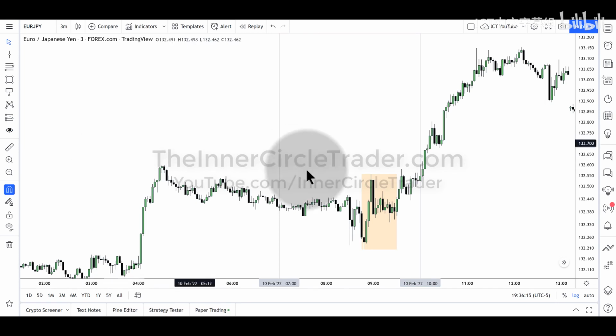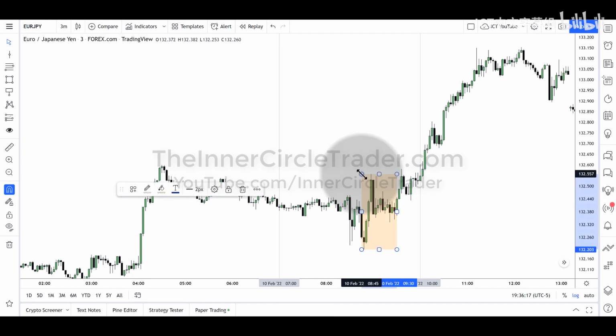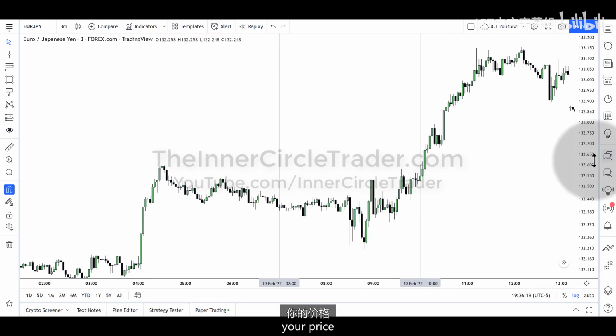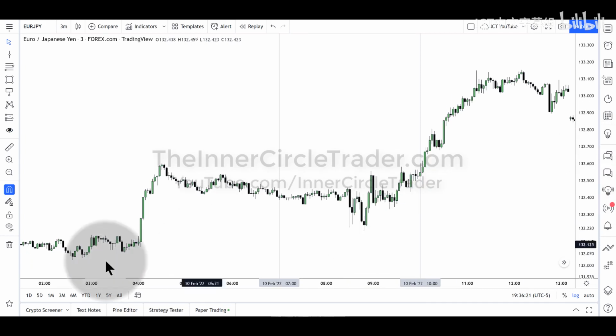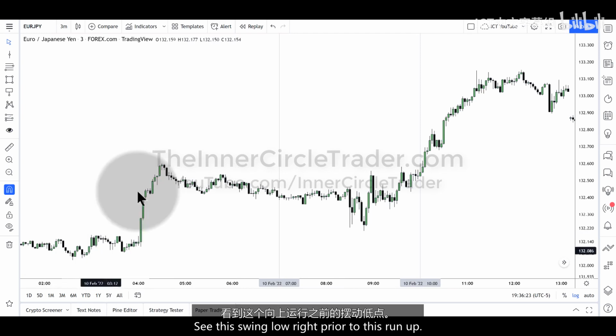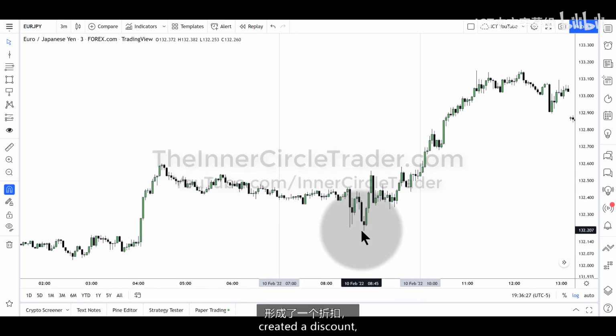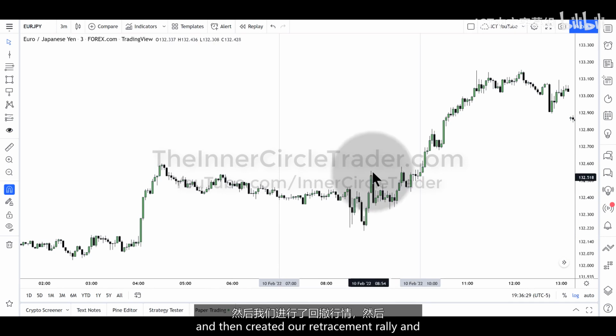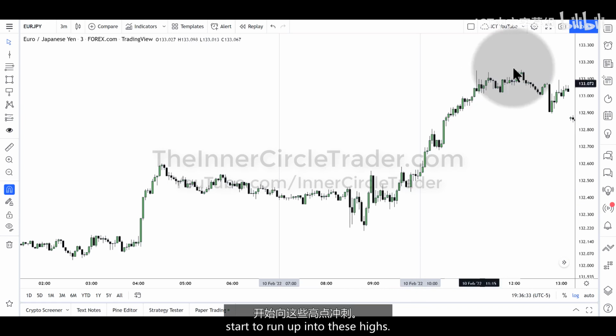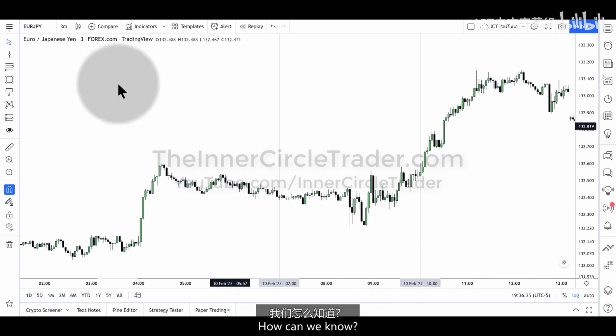But a real easy way is to take your price leg over here. See this swing low right prior to this run up? Then we consolidated, dropped down, created a discount, and then created our retracement rally and started to run up into these highs. How can we know?